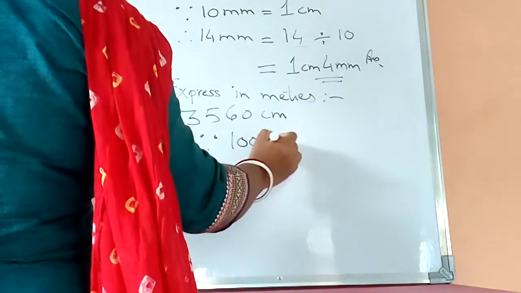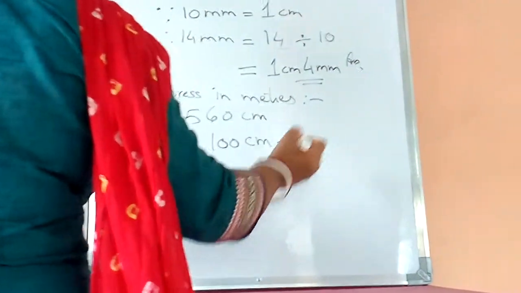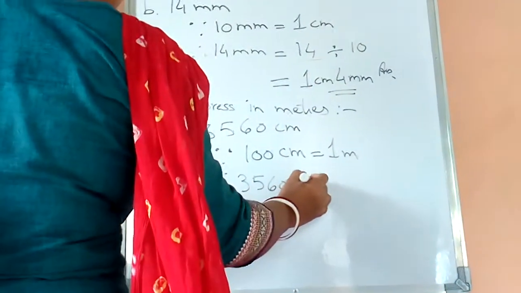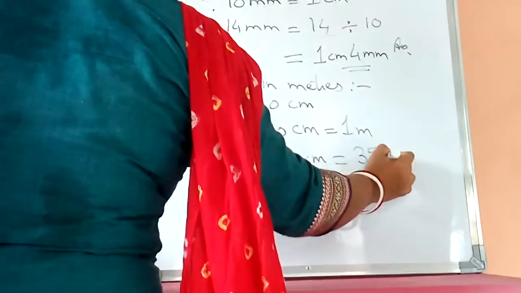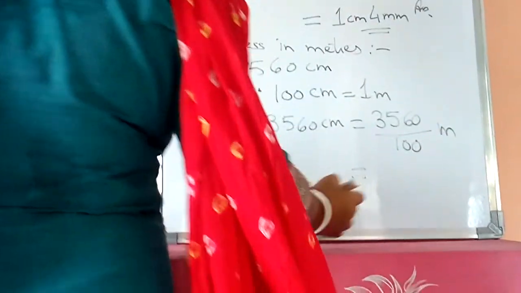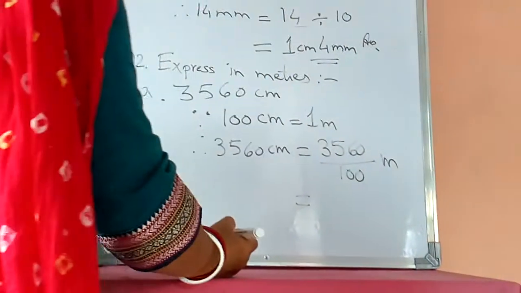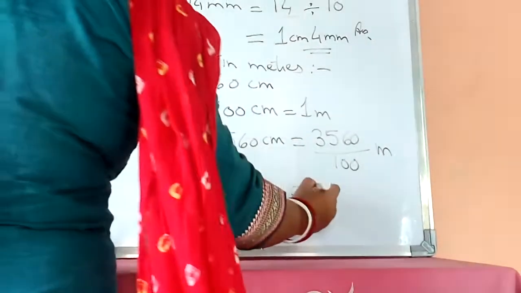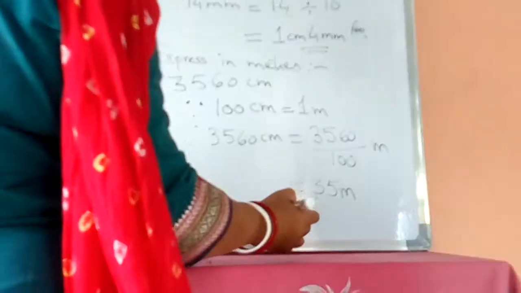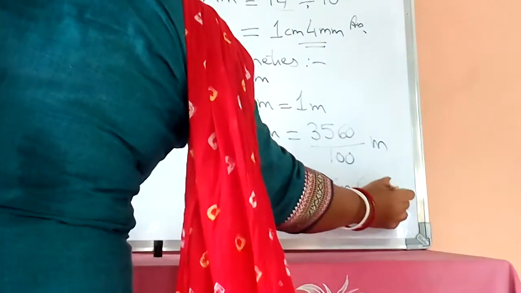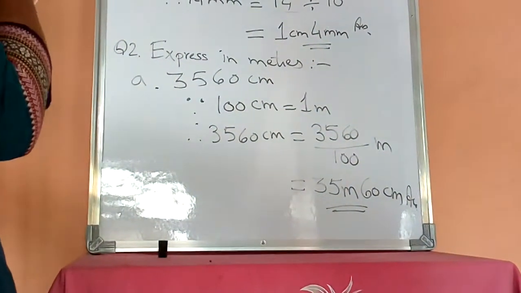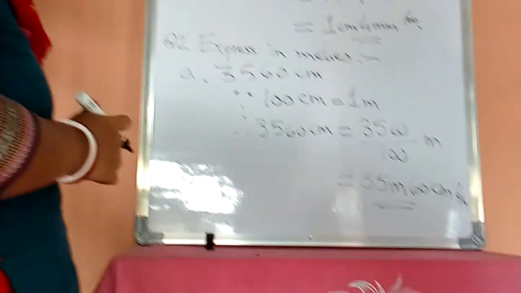Since 100 centimeter makes 1 meter, therefore 3560 centimeter is equal to 3560 divided by 100 meter. Again there will be the remainder and quotient. So 35 will be the meter and the remainder part will be the centimeter part. Okay, so this is the answer for number A. When you divide in rough, you will get this type of answer.